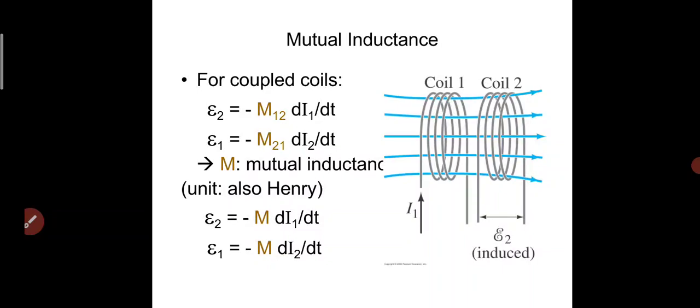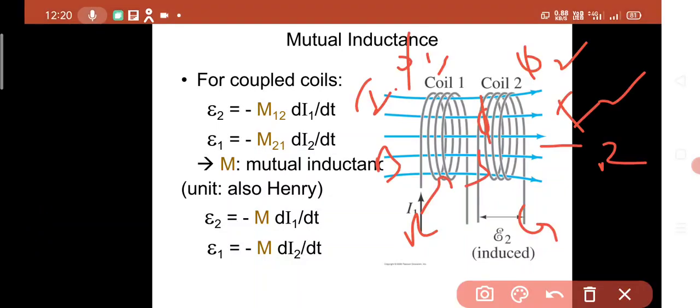Here M is the mutual inductance, unit Henry. So E2 is equal to minus M into di1 by dt, and E1 is equal to minus M into di2 by dt.